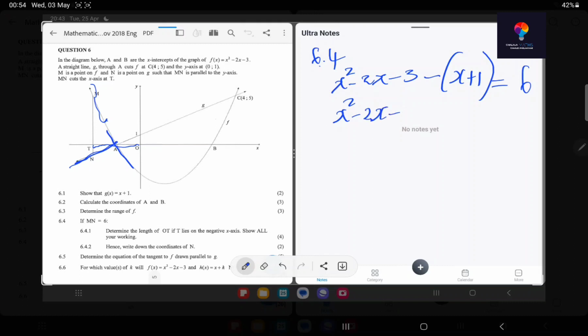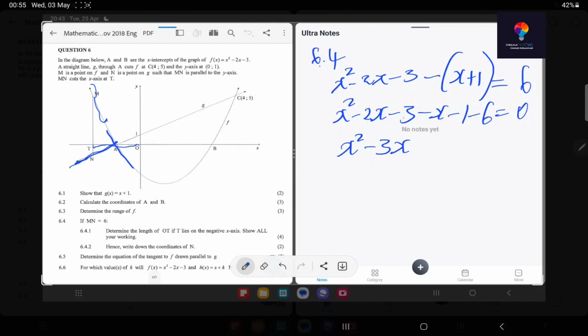Minus 2x minus 3 equals minus x minus 1. We bring that 6 this side, it's going to give us 0. Therefore, x squared minus 2x, we add it with that x, it's going to give us 3x.